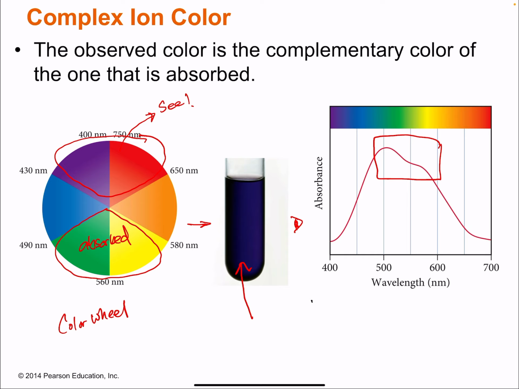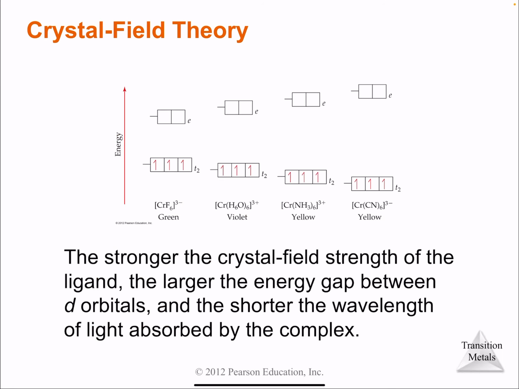And if you absorb, say, green, yellow, and orange, you're going to see a mix of blue, violet, and red, and essentially it turns out to be violet. The middle color is the mixed color that we see here. Okay, all right, let's move on.